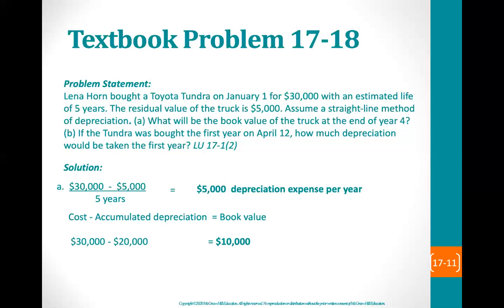So, we will take depreciation for April, May, June, July, August, September, October, November, December. We'll take it for 9 months. So we'll take our depreciation expense of $5,000 that we calculated and multiply it times 9 over 12 to get $3,750 worth of depreciation for the first year.